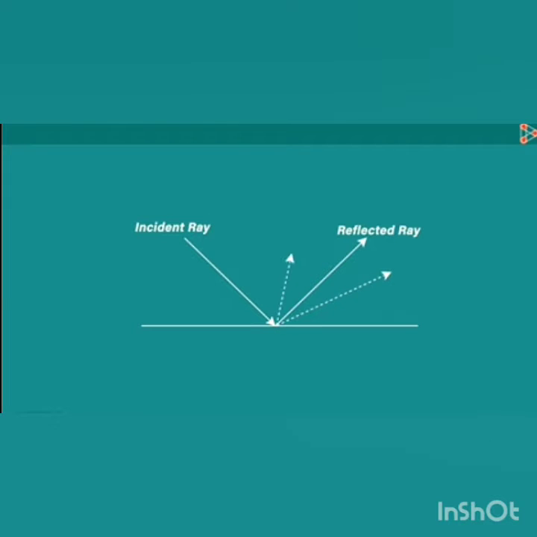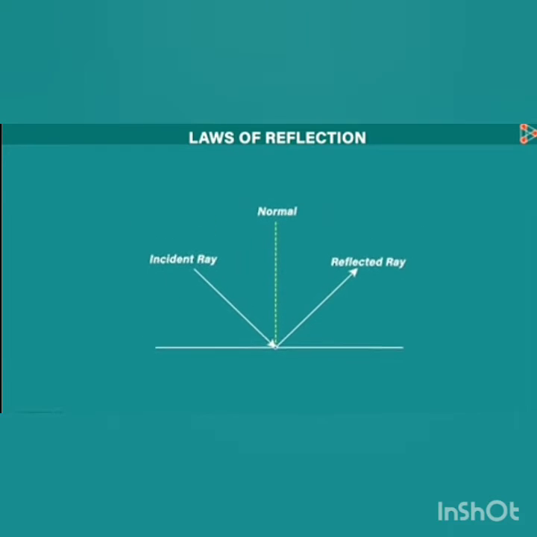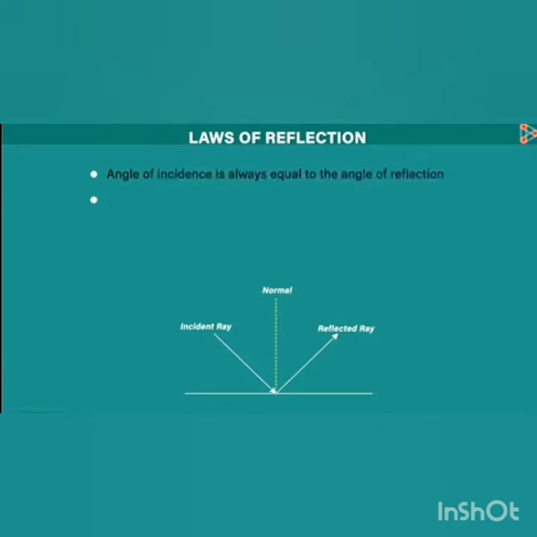And after touching the surface, it gets reflected in different directions. So it simply does not reflect in any direction, but it follows certain laws. So you can see at the point of reflection, if you draw a 90 degrees perpendicular line, it's called a normal.